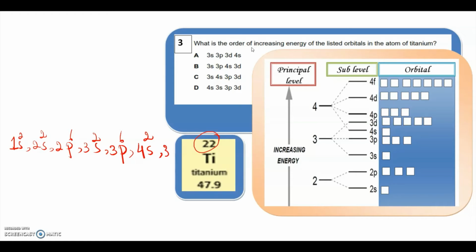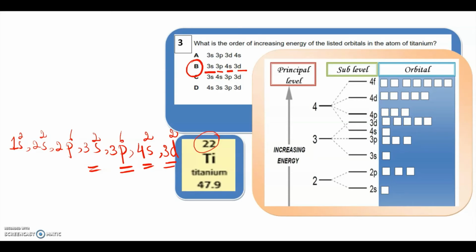then 4s2, and then 3d2. So we need to check this arrangement: 3s, 3p, and option B follows this: 3s, 3p, 4s, 3d. You can also see the arrangement of orbitals in increasing energy.